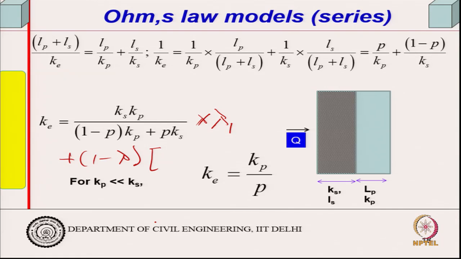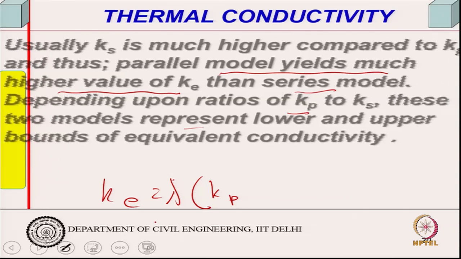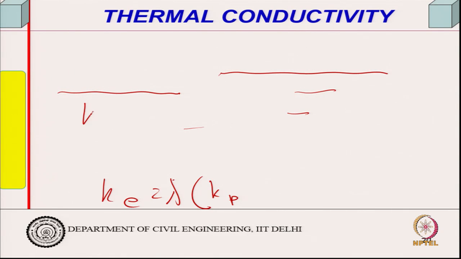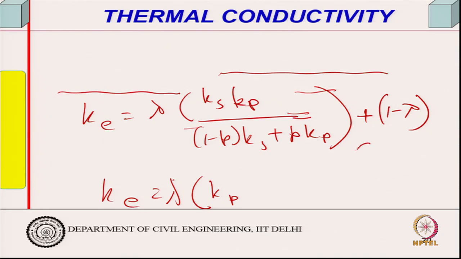Let me write it separately in the next one after this. So, one can write it like this, Ke will be equal to lambda into Ks Kp divided by 1 minus P into Ks plus P into Kp, that was the thing, plus 1 minus lambda into P into Kp plus 1 minus P into Ks.